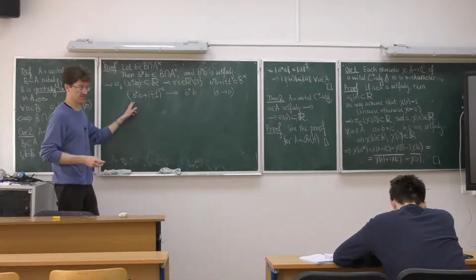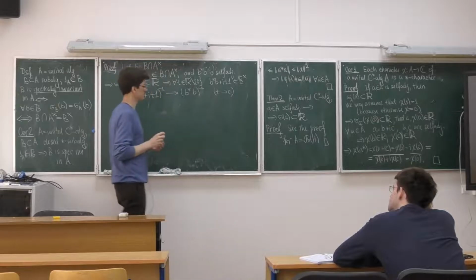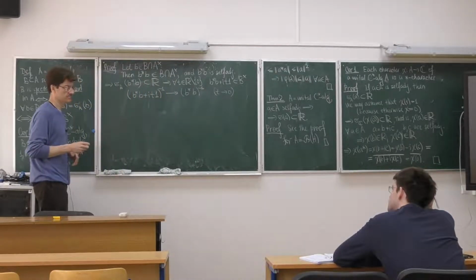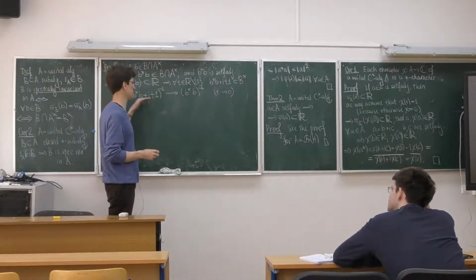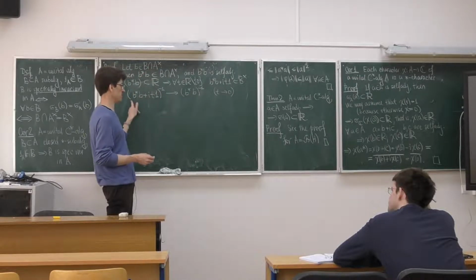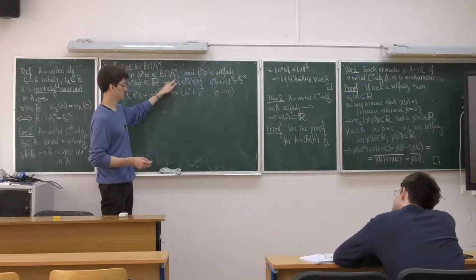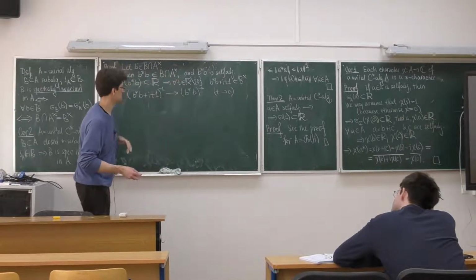So the inverse of this element goes to the inverse of b star b. This is true because all these elements are invertible in A. This element is invertible already in B. This element is invertible in A. So we have this convergence.